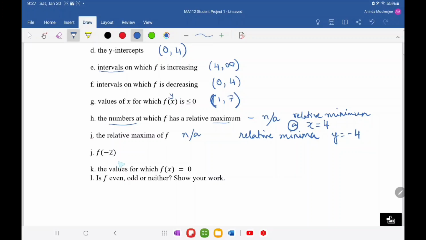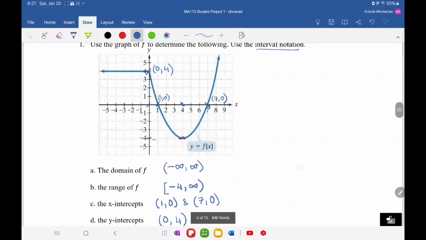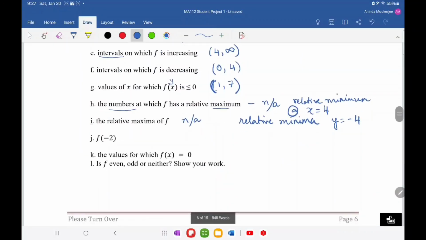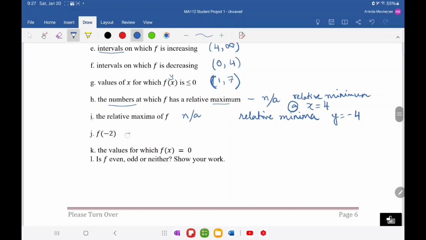f of negative 2, again, that says what is the value of y when x is negative 2. So let's go up. At x equals negative 2, y is 4, right? This point is (negative 2, 4). So f of negative 2 is going to be 4.